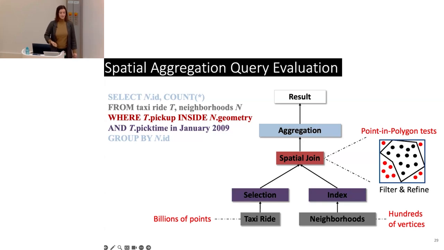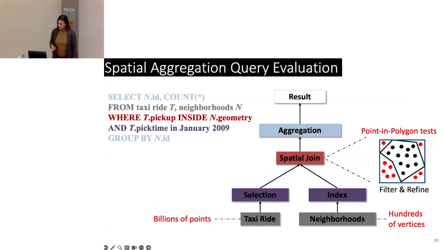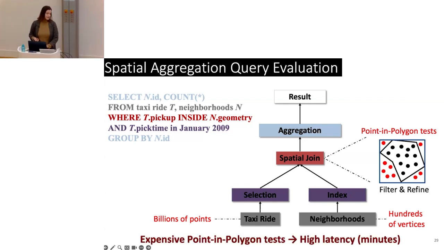And at the same time, we need to do these tests for a very large number of points, because typically point datasets like this taxi dataset have billions of points. So as a result, by using this classic filter and refine evaluation strategy, we cannot achieve the interactive response times that are required by visual tools, because these tests are very expensive and we have to do a lot of them here.